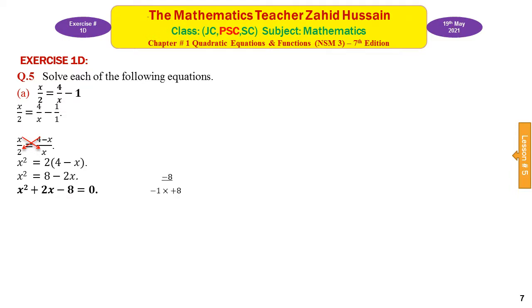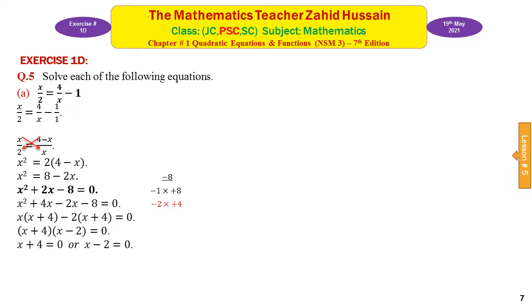Break the middle term and write x square plus 4x minus 2x minus 8 equal to 0. Taking x common from the first two terms and minus 2 common from the last two terms, we get x plus 4 and x minus 2 in the second bracket. Put each factor equal to 0, x plus 4 equal to 0 and x minus 2 equal to 0.